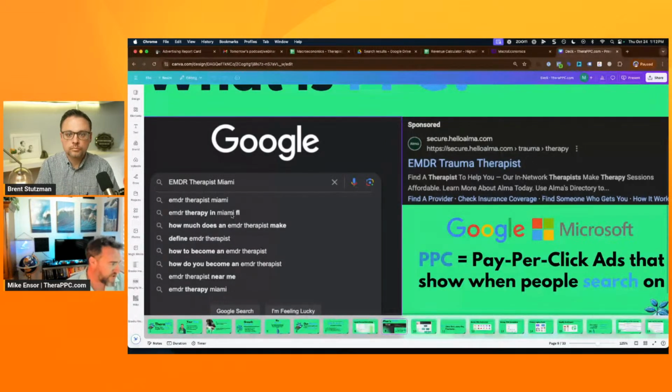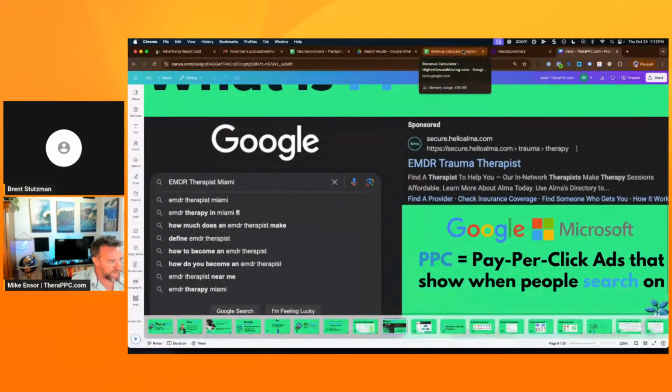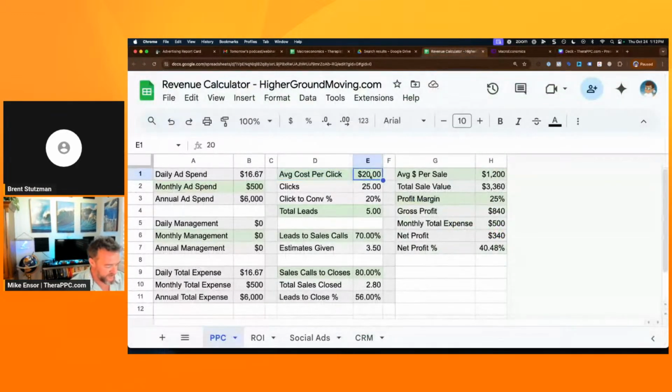And the cost associated with those clicks can vary greatly, which is another big thing about making sure when you're running these types of ads that you're very specific, because that cost per click could be $5, $10, or $20 even. And all of those costs have a big impact on what your end result is.